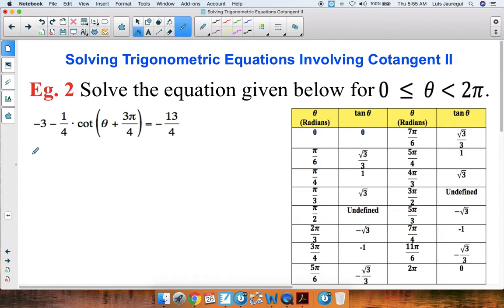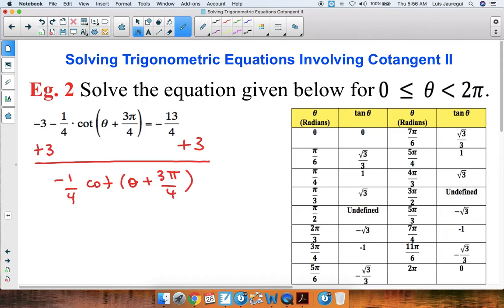To do so, let's go ahead and add a 3 to both sides of the equation. So we have negative 1/4 of cotangent of theta plus 3 pi over 4 is equal to negative 13/4 plus 3. Now let's multiply this 3 by 4 over 4 so we can have the common denominator.